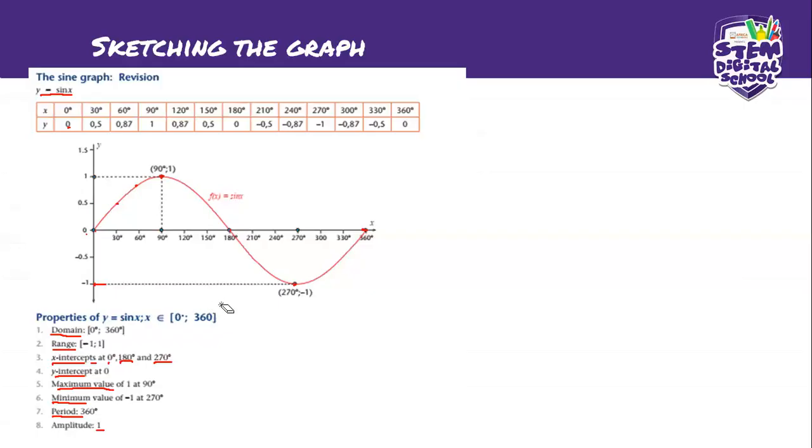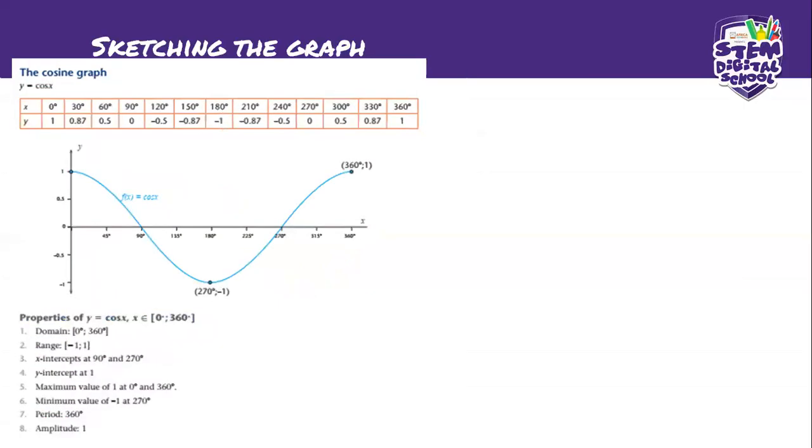Then let's proceed and see what we have. Now we are going to be dealing with the cos graph, the cosine graph. We're also going to study how to sketch it, and focus on the properties of this cosine graph.